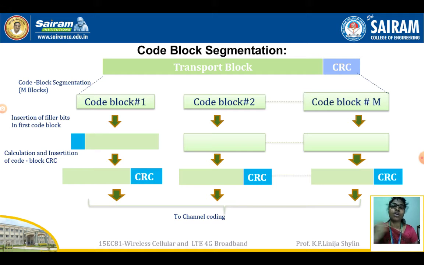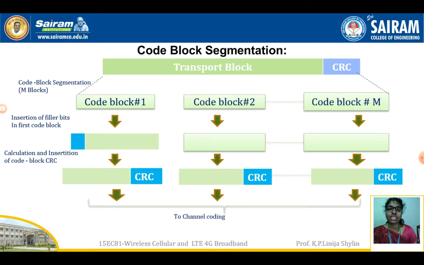See the first block of this diagram: the transport block along with the cyclic redundancy check bits. After that it is called the M block. Now we are going to break the M block into small blocks, that is called fragmentation.